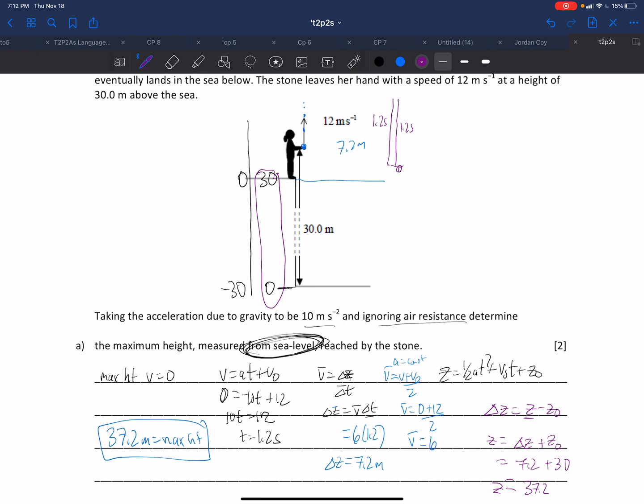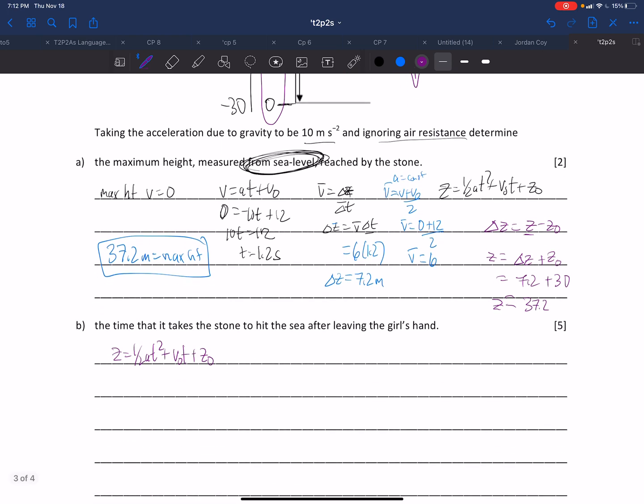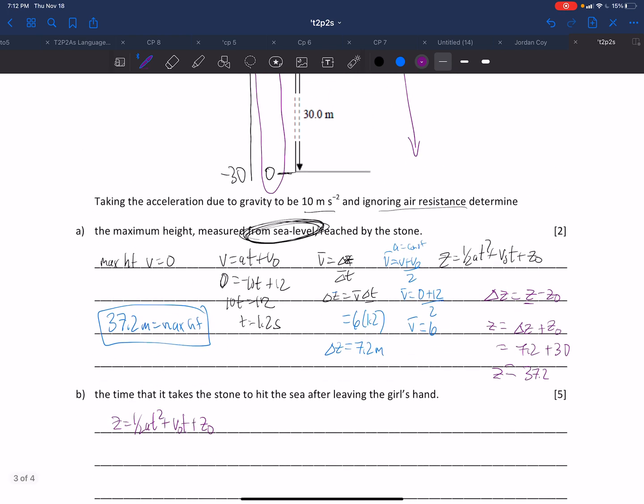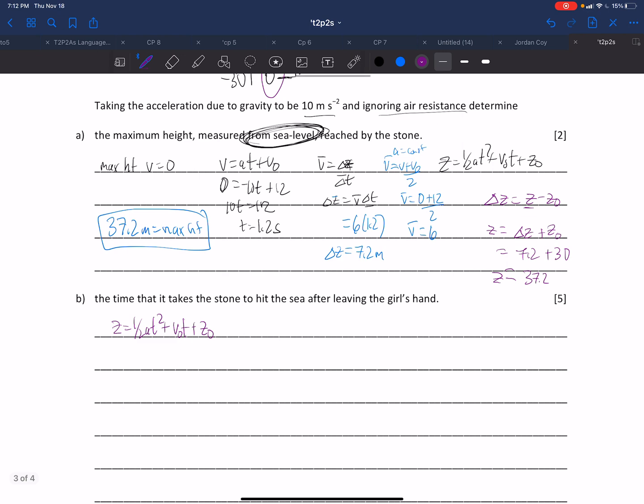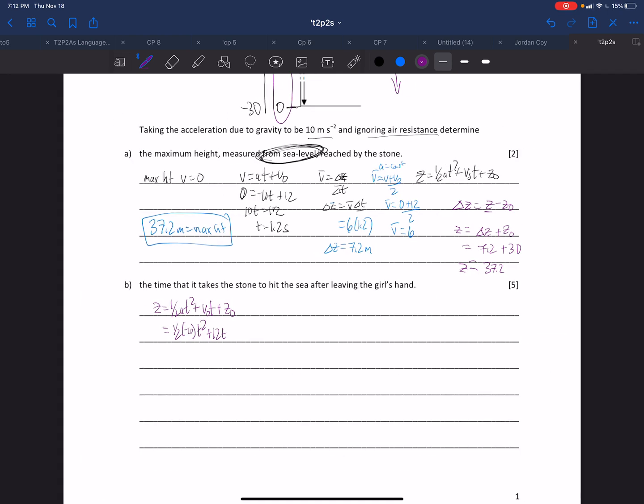So really, we're in a situation where this could be just the ball being thrown downward with an initial velocity of minus 12 meters per second. We could set it up either way to see which would be the easier way to do it. So if we set time equal to 0, then we have 1/2 times minus 10 t squared plus 12t, and our z0 is 30.